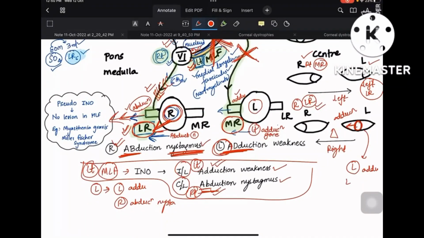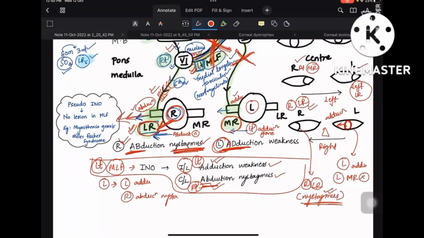So that means left-sided MR is not functioning, whereas right-sided LR is functioning, but you see the nystagmus. In the question they mention whether the nystagmus is seen on the right side or not. So here there is a nystagmus in the right eye, but the lateral rectus is moving properly only with more innervation, whereas on the left side the medial rectus is not functioning, so there is adduction weakness.